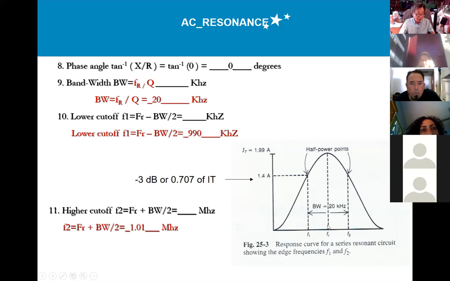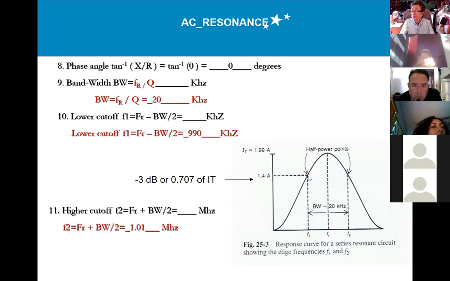Now if we're talking about the bandwidth, the bandwidth is the difference between two frequencies that define the bandwidth. Now, how do I know this point? In order to get this point, how do I do it?